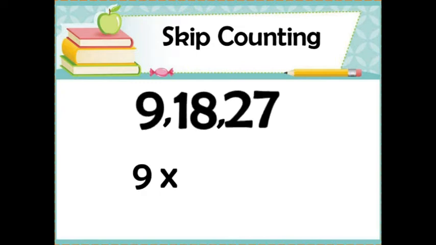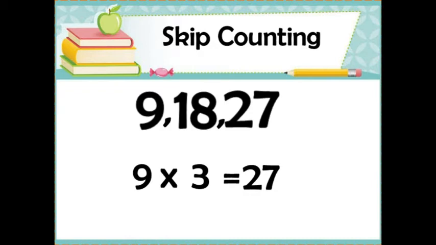So we're just going to write number 3 and then equal sign. After that, we have to look at the last number we skip count, which is 27. So that means 9 times 3 is equal to 27. So that is how multiplication in skip counting works.